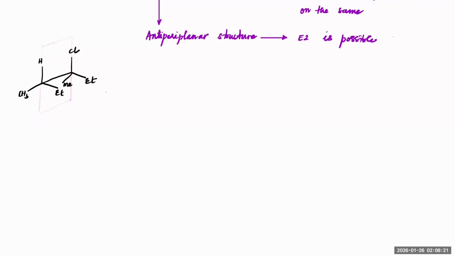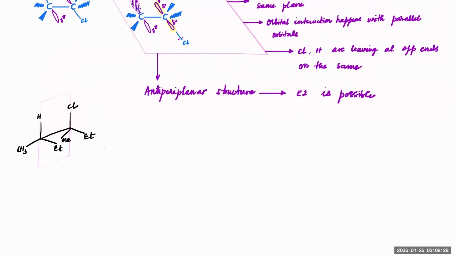But you notice that chlorine going and hydrogen going both cannot happen on the same side. Why? The base has to approach from this side, and chlorine has to go from the same side. The base is coming with electrons, chlorine is leaving with electrons, so electrons will repel each other. So the base coming and chlorine going from the same direction is most likely not going to happen. That's why the base has to come from the opposite direction, and chlorine has to go in the opposite direction, like this.